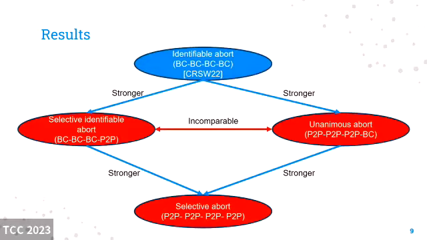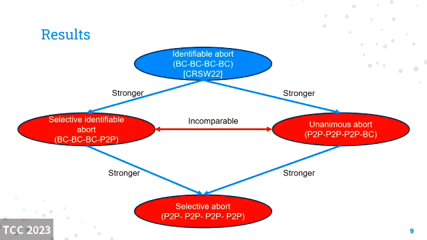Finally, it is already known that 4 rounds of broadcast are sufficient to achieve identifiable abort, and our results show that it is also necessary. It shows that the upper bound matches the lower bound, and our result is really tight.